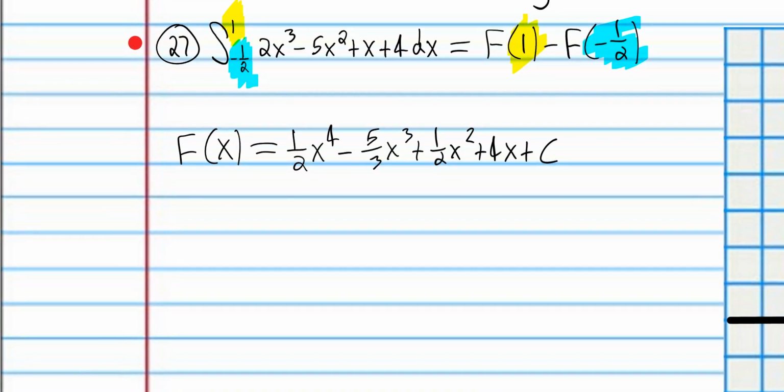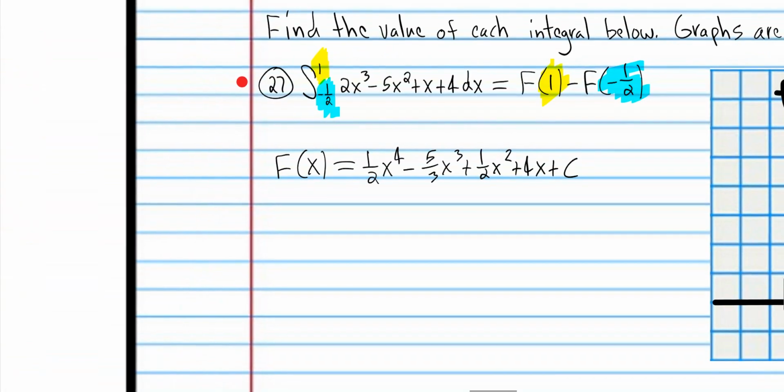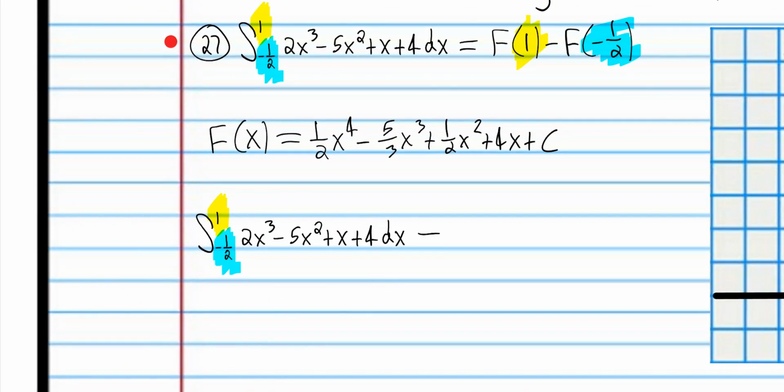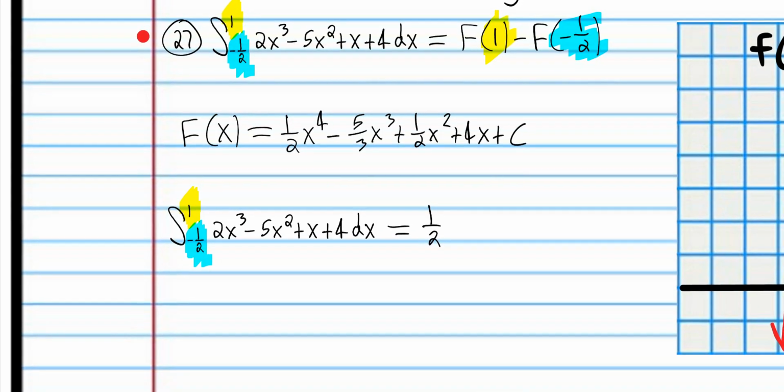Okay, so this c value always cancels out, so we really don't want to write it over and over again. It's just not necessary. So the way that we write this is, let me rewrite the integral down here. We write the antiderivative, and we're doing the same thing that we did in the previous problems.